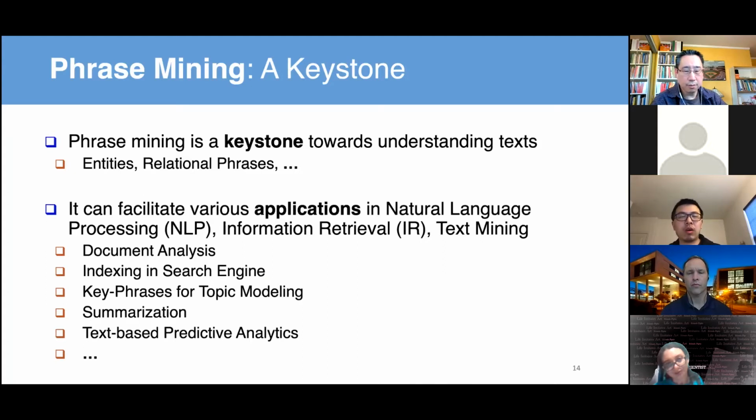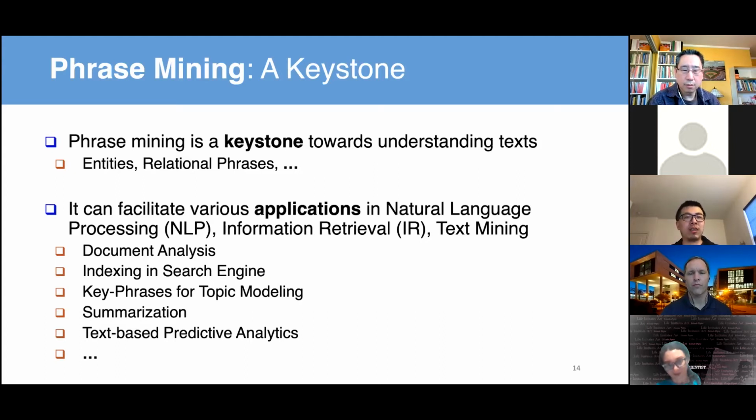For example, when we are looking at text-based predictive analytics, you're using a bag of words model. You may have heard this bag of words term before, right? You can easily upgrade everything from word to phrase. You can use bag of phrases. When you are learning the word embedding, you can now instead train the phrase embedding.